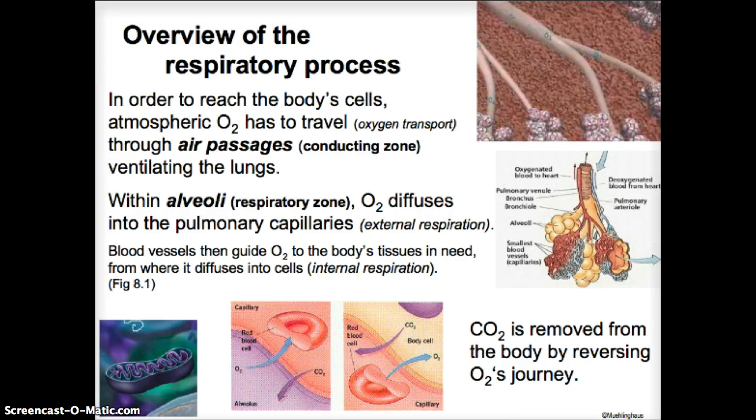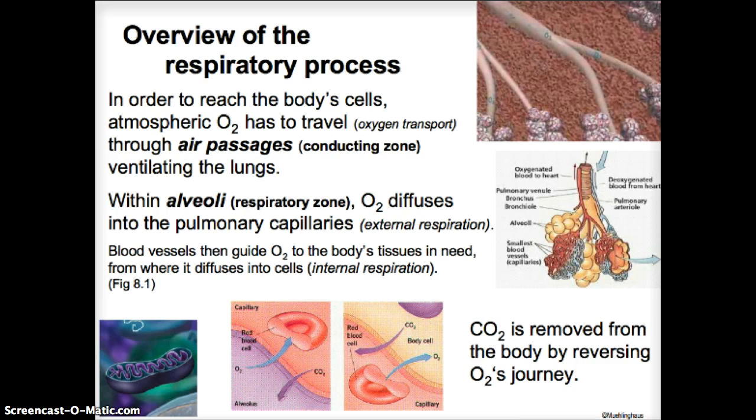And the air passages, where the air has to travel to get into the smallest parts of the lungs, we call that the conducting zone, because that's the area where the air is going just through pipes. There's no exchange of gases. It's just the traveling of the air to the proper places.